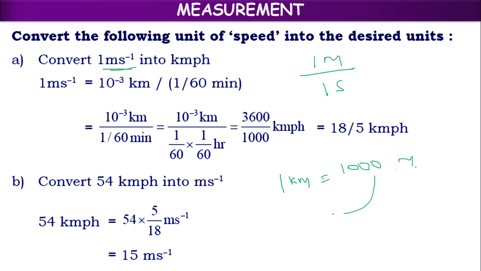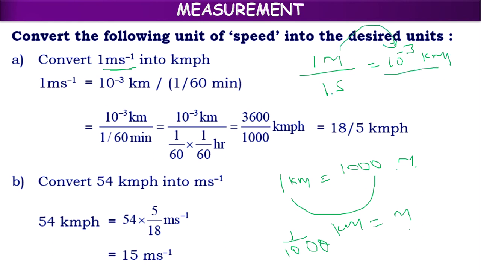Then what about 1 meter? 1000 will come this side. 1 by 1000 kilometer equal to 1 meter. Or 1 by 1000 means, what does it mean? 10 power minus 3 kilometer. Meter converted to kilometer, by 1 second.